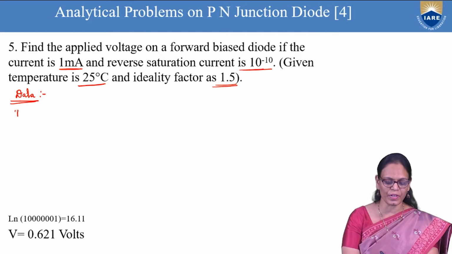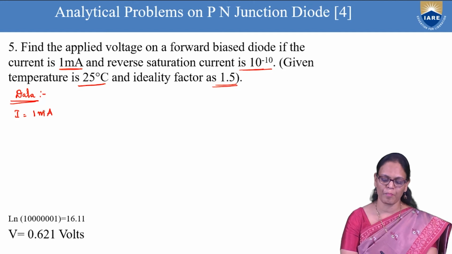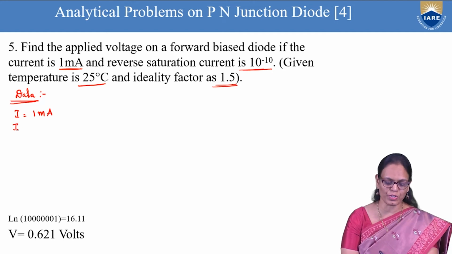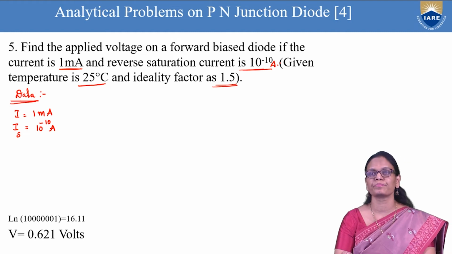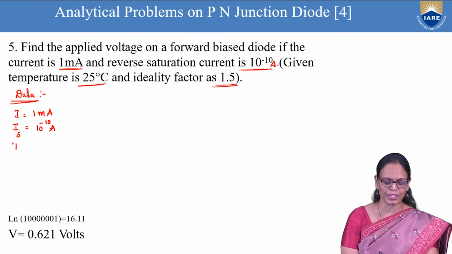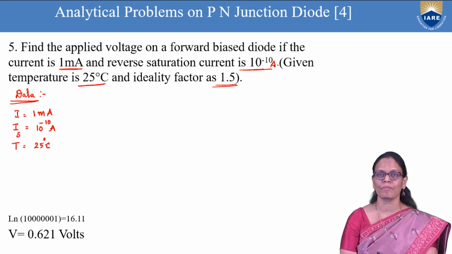I is 1 milliampere and the reverse saturation current Is is 10 power minus 10 ampere. Temperature is 25 degrees Celsius and the ideality factor is 1.5.